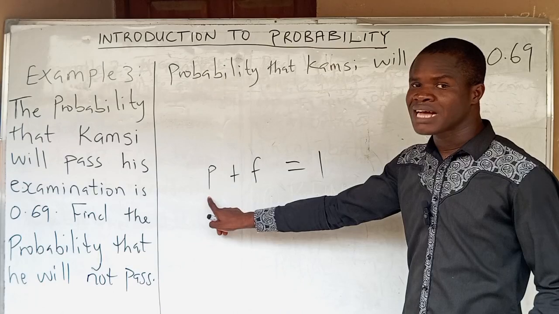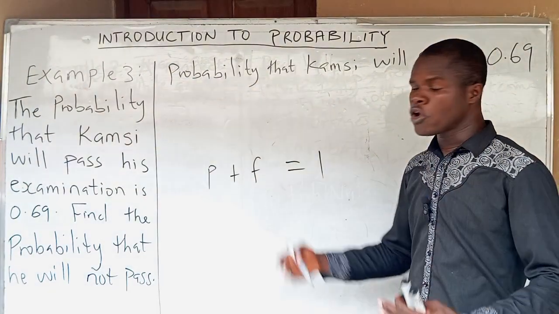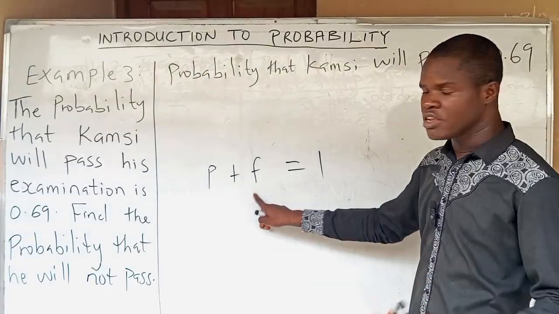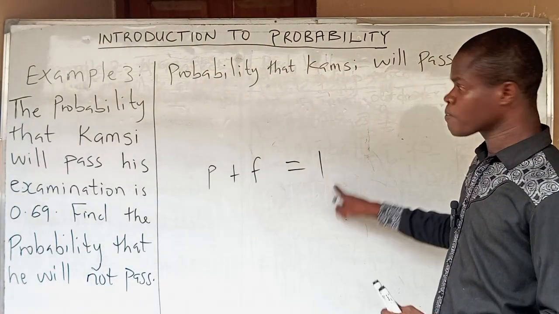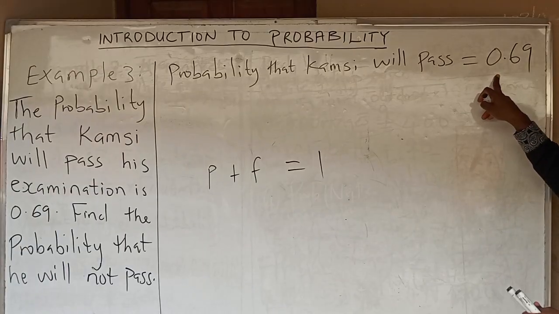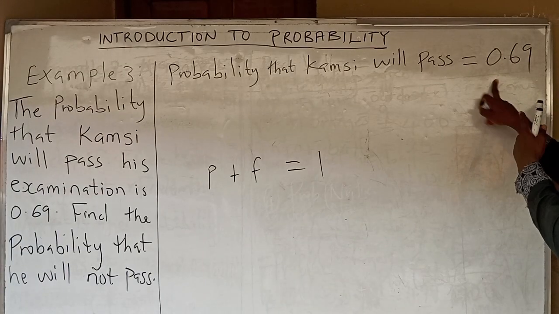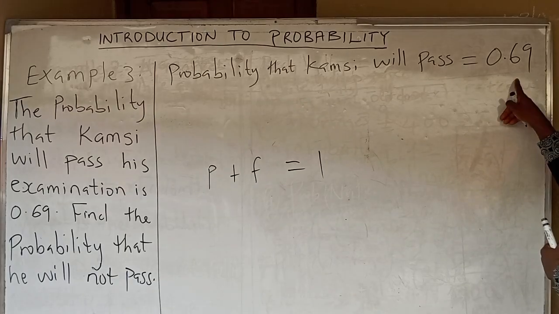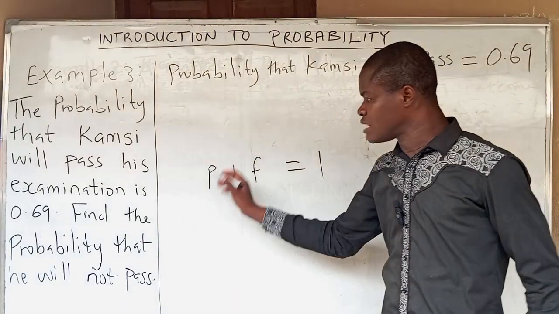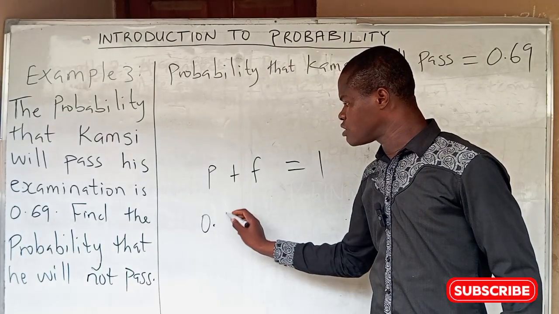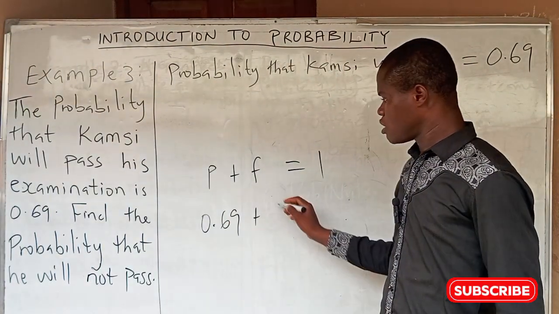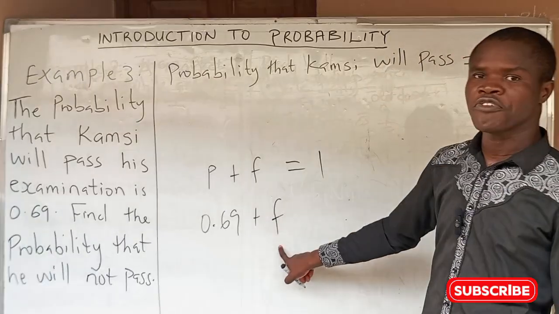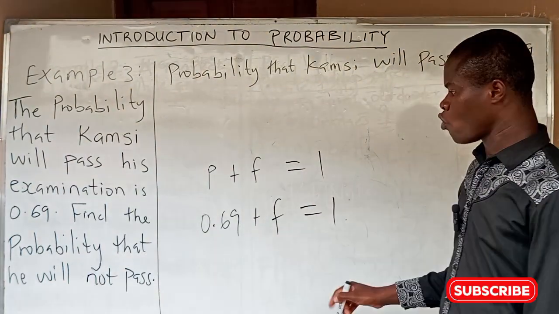That means the probability that Kamsi will pass plus the probability that Kamsi will fail is equal to 1. But in this question, they have given us that the probability that Kamsi will pass is 0.69. That means it is the same as saying 0.69 plus the probability that Kamsi will fail is equal to 1.